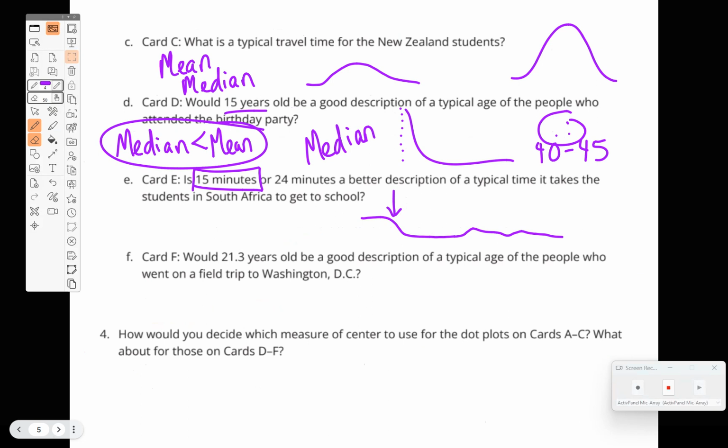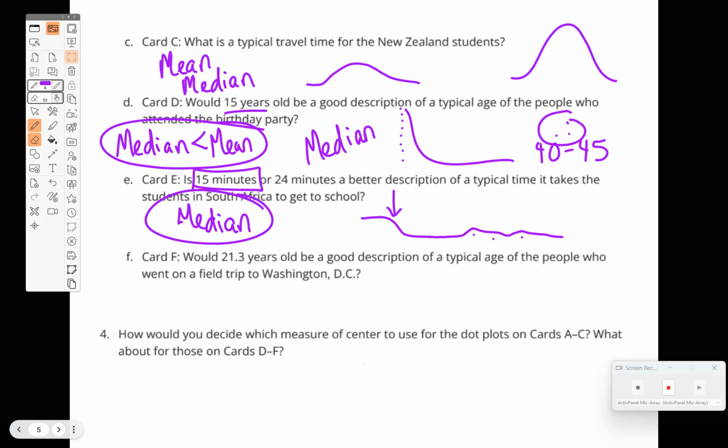Good, I like it. It's kind of split in the middle of my data. I have more of a cluster at 5 and 10 to pull it that way, to where the median is a better indicator because those outliers are pulling my average.